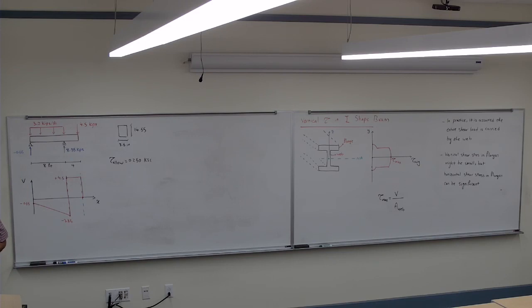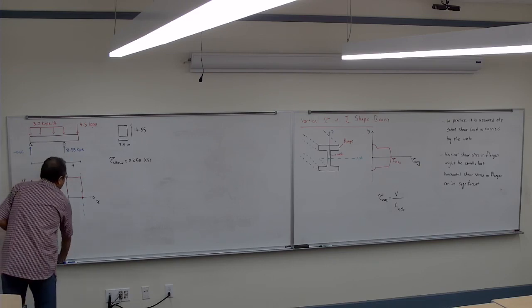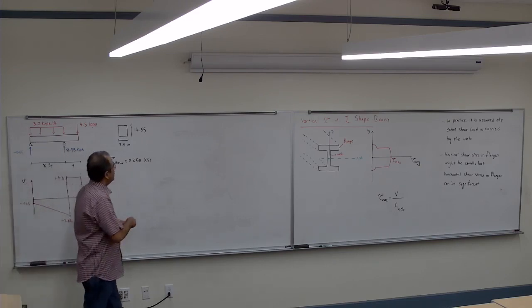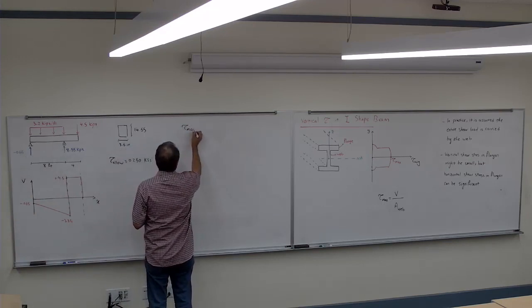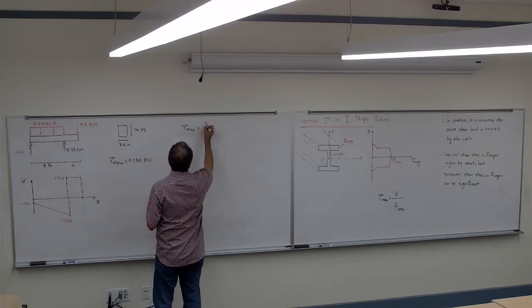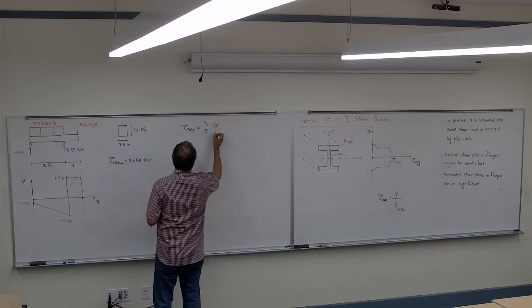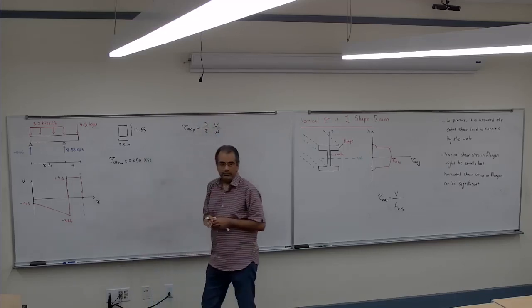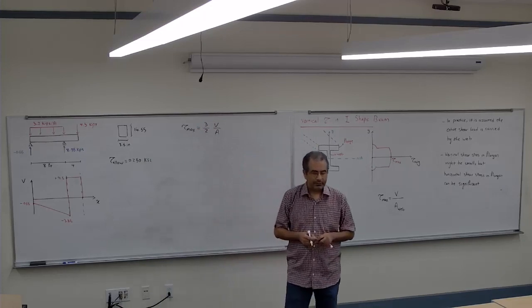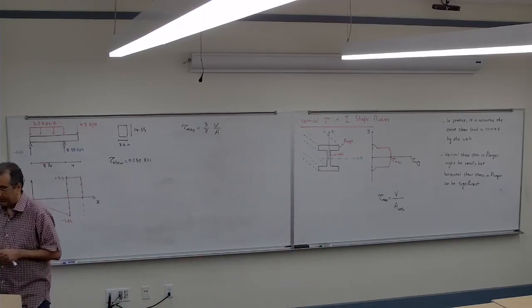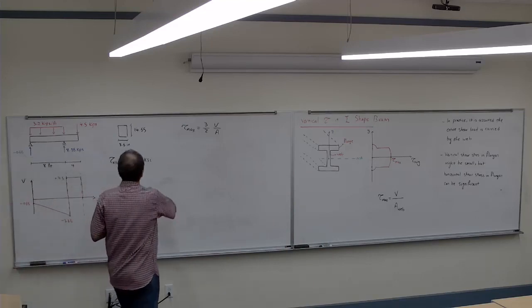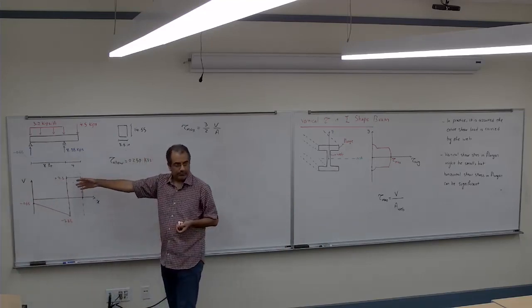So for the rectangular cross section, this is the allowable. How much is the maximum? Tau max for a rectangular cross section, what was that? 3/2 V divided by area. And which V are we going to use here? We use the maximum value that we have.